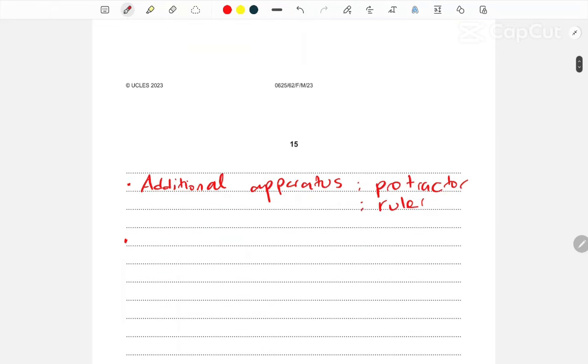So as method, firstly what we have to do is we have to have an initial angle, and then roll the ball, and then after the ball has landed, we can measure the range.